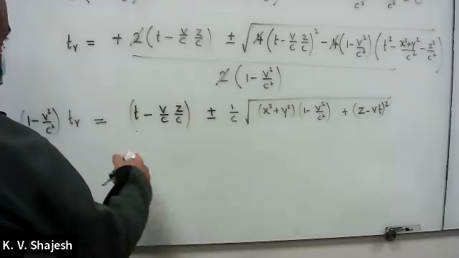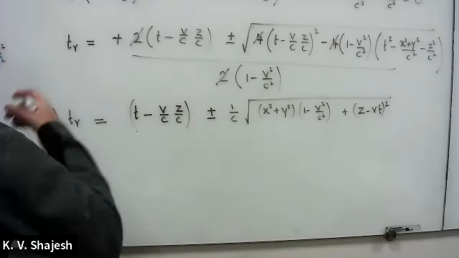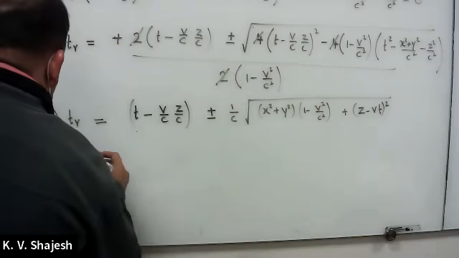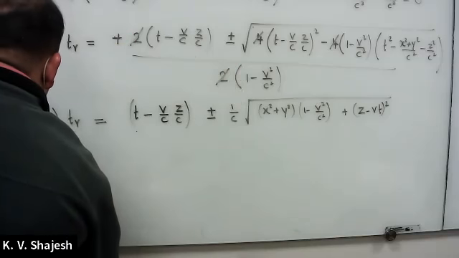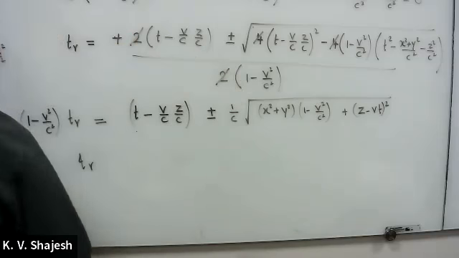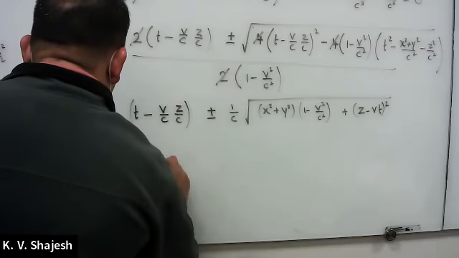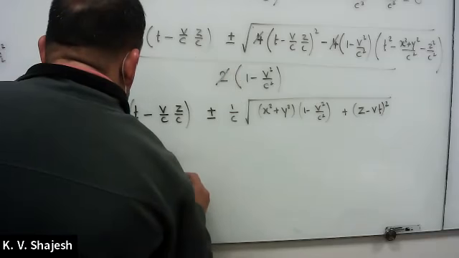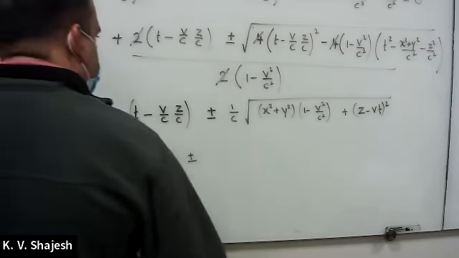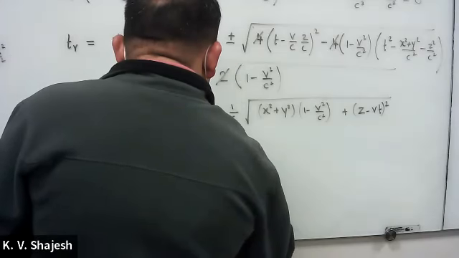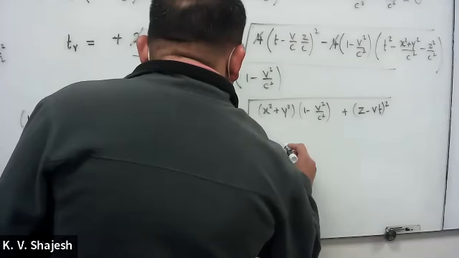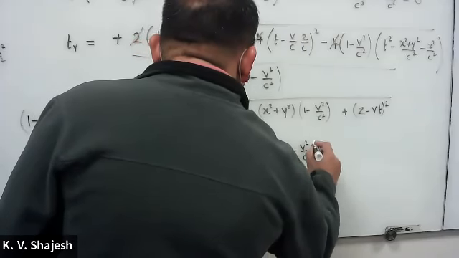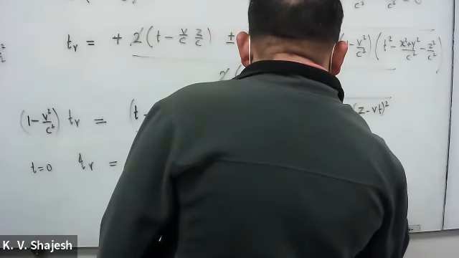So t_R at t equal to 0, and make the v very small, is equal to minus v over c, z over c plus or minus 1 over c times the square root of x squared plus y squared times 1 minus v squared over c squared, plus z squared.